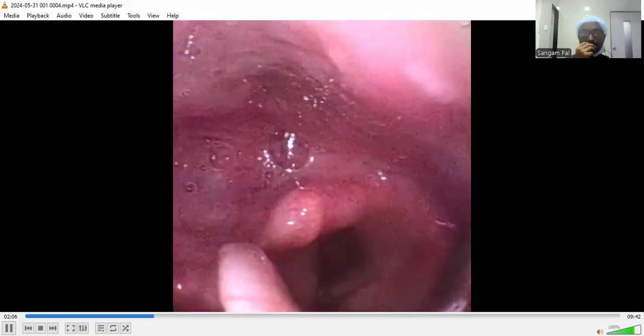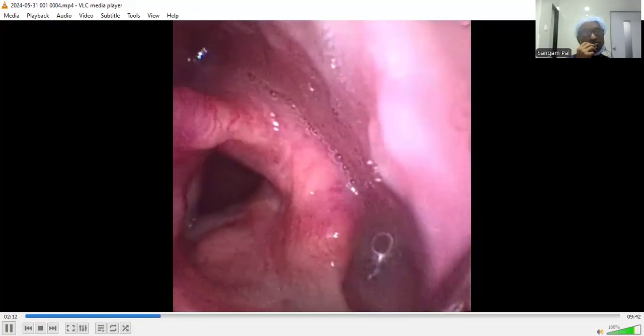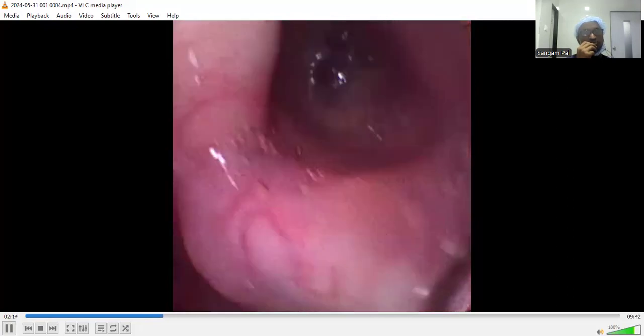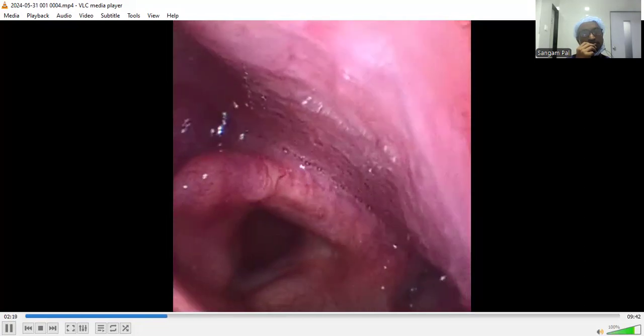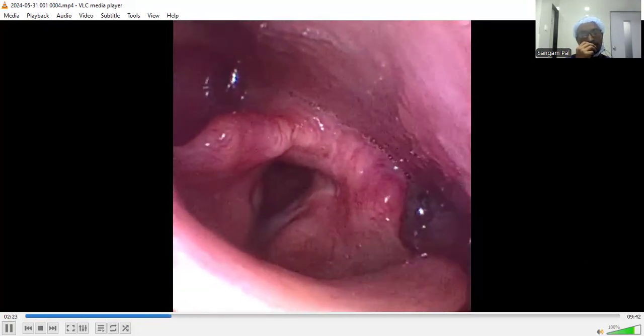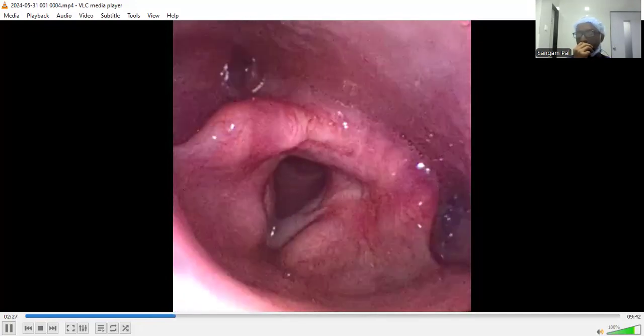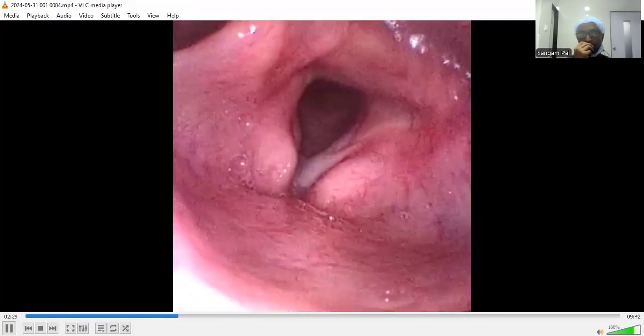And then we see the second aspect, that is sensory testing. We can touch the pharyngeal or laryngeal structures, and while touching the laryngeal structure, there'll be reflex vocal cord adduction, and touching the pharyngeal structure, there'll be gag reflex. So either we can mechanically lightly touch using the endoscope, like we are doing now.